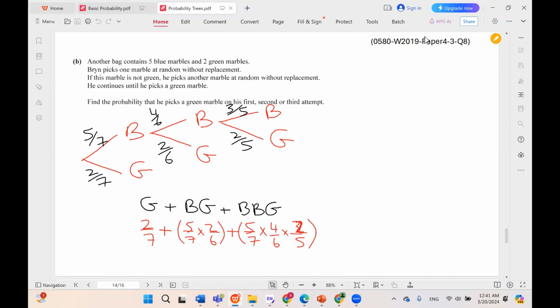So we have 2/7 here. And then 2 and 6 gives us 1 and 3. So we have 5/21. And then here we can cancel out the 5s. And 2 and 6 gives us 1 and 3. So we have 4/21. So the total would be 15/21, which is 5/7. And this would be our final answer.